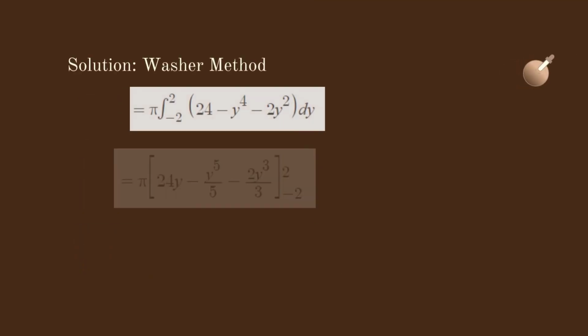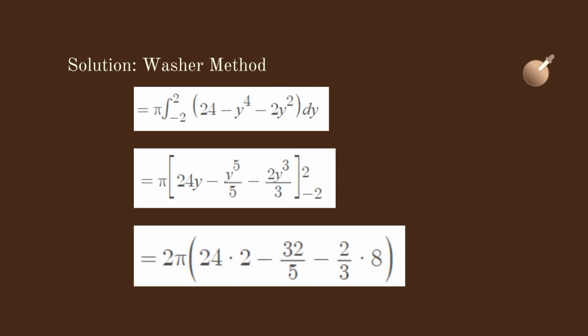Simplifying it, we get pi the integral of 24 minus y to the 4th minus 2y squared dy from negative 2 to positive 2. Integrating using the power rule of integration, we have pi times 24y minus y to the 5th over 5 minus 2y cubed over 3 from negative 2 to positive 2.